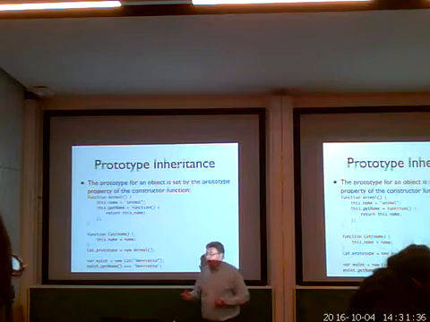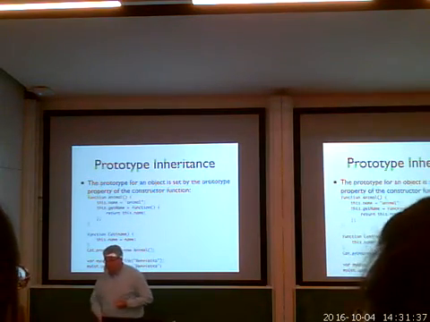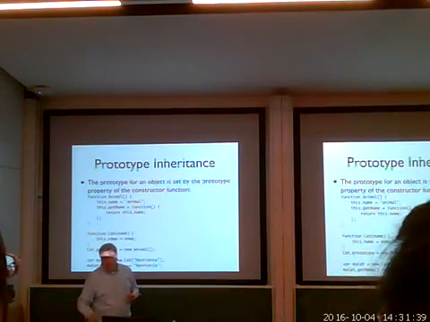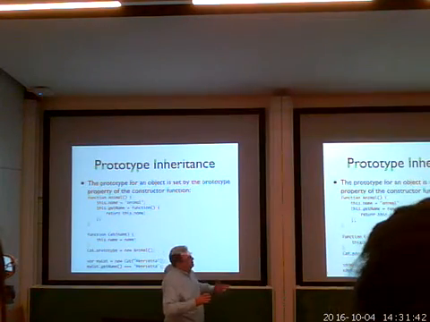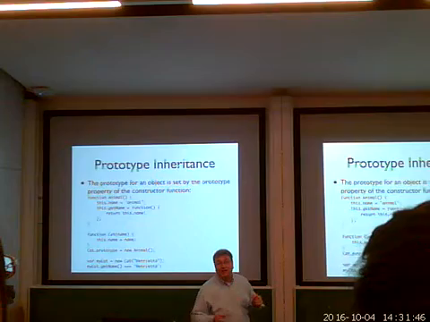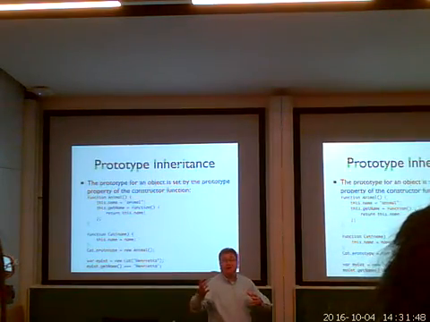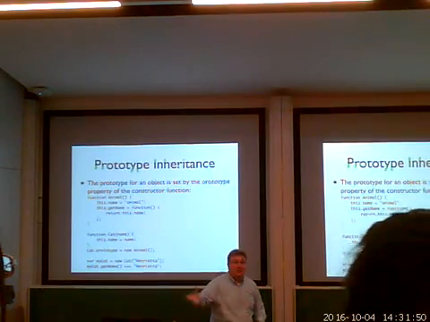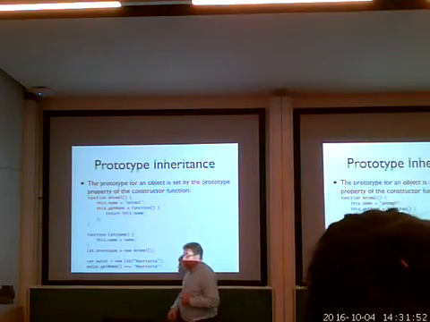And in this case, it would return the name of the cat as being Henrietta. So hopefully this example shows that you can use the prototype chain to achieve inheritance. You can make one object depend on another object, essentially. You make it pull bits from another object.